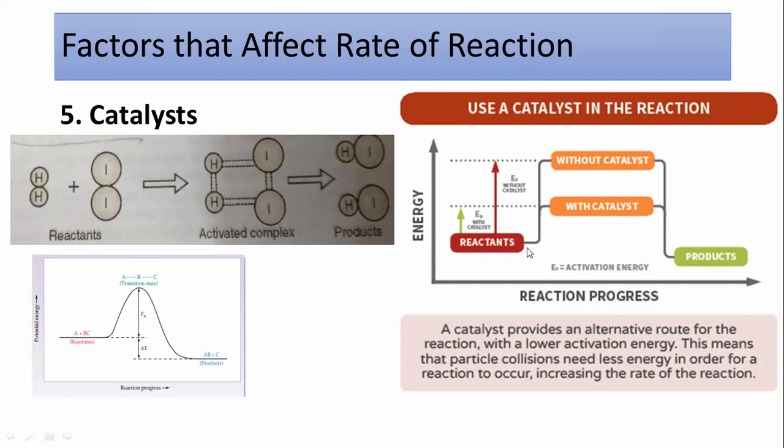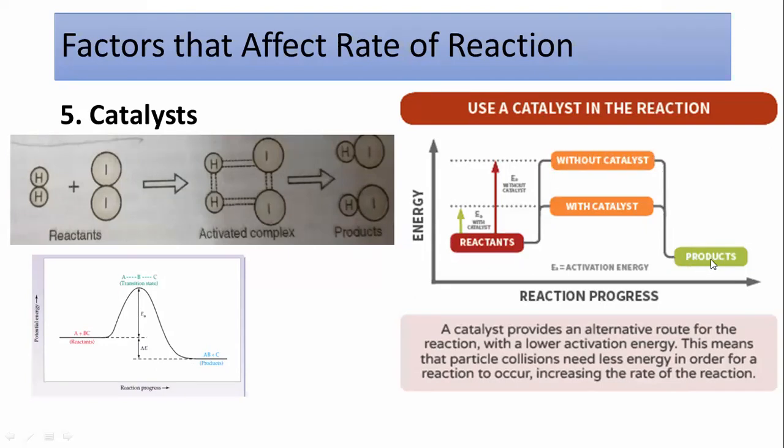So again, look at the graph. This is the first one. Let's suppose this is without catalyst. Again, I have plotted the potential energy against the reaction progress, meaning reactants are converted into the product. So this is the first way, without catalyst.